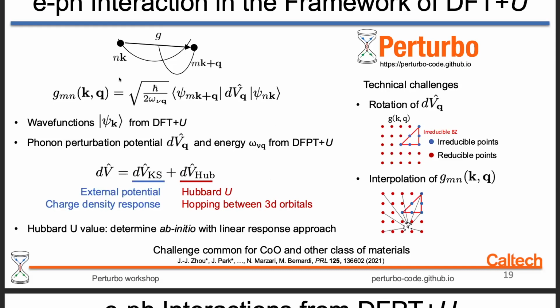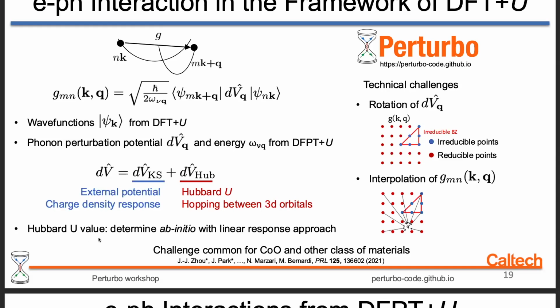And here it looks basically just like the previous coupling that we've seen, but instead of just having a perturbation to the Kohn-Sham part of the potential, there's also a perturbation to the Hubbard part, which is the local Hamiltonian between the 3d orbitals in this case.